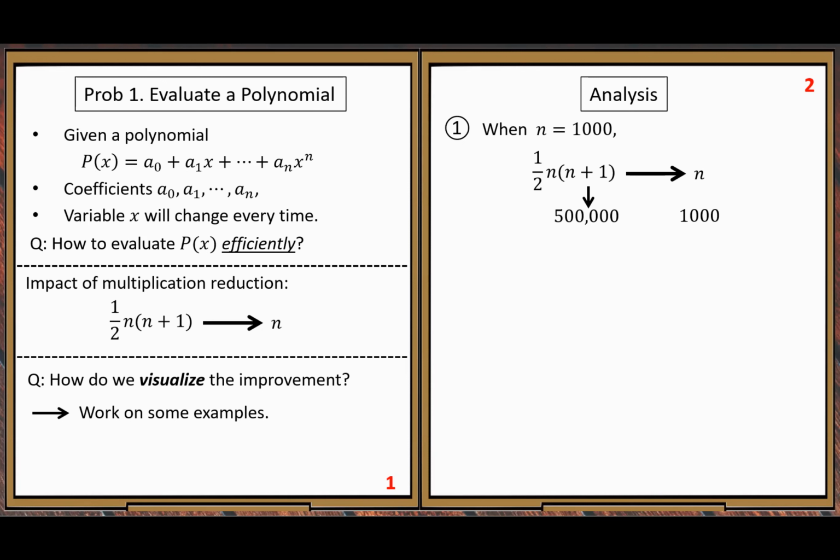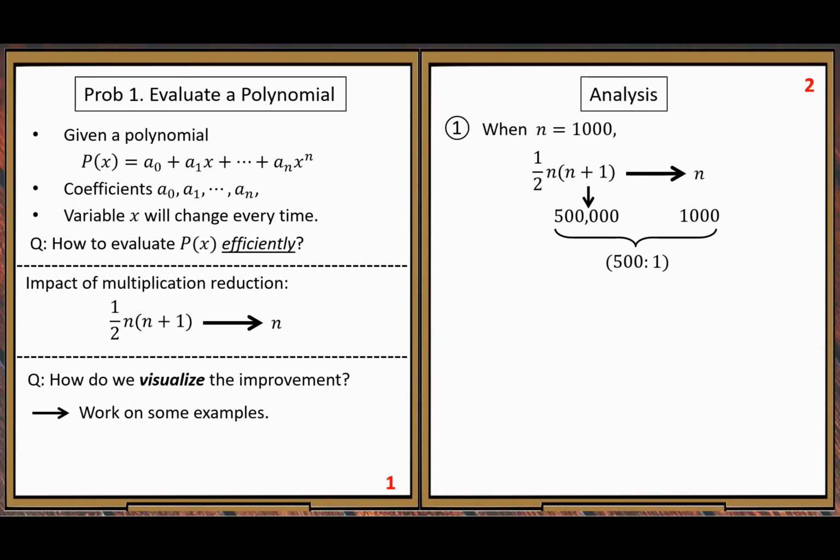That means using the brute force method, you need to do 500,000 multiplications. But if you use the Horner's rule, you only need 1,000 multiplications. That difference, the ratio, is 500 to 1.